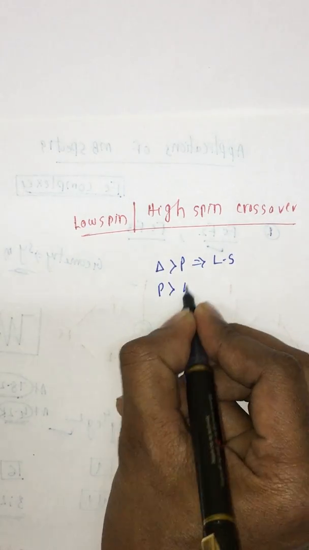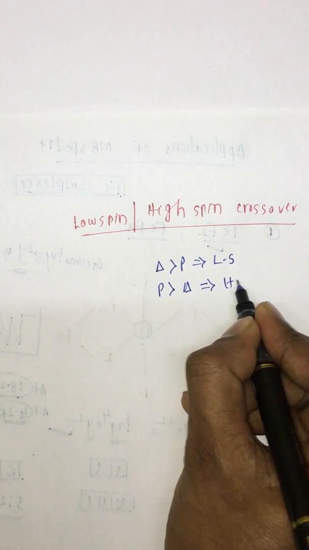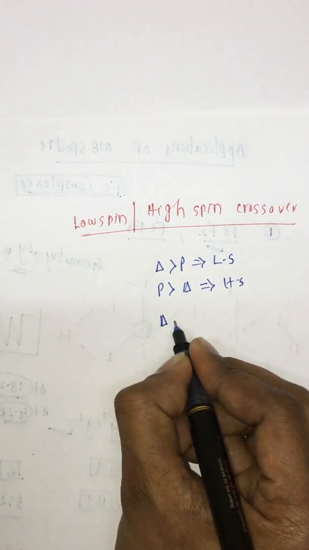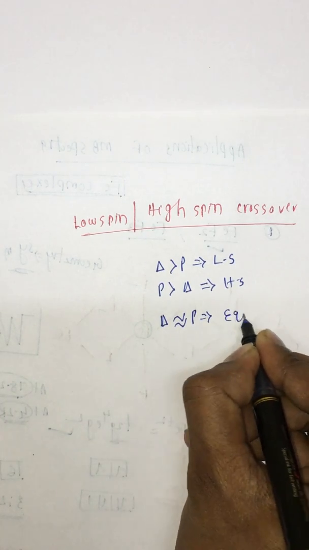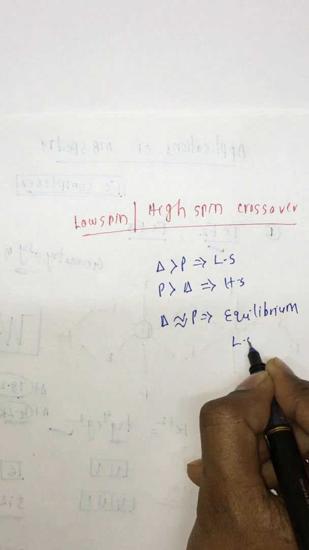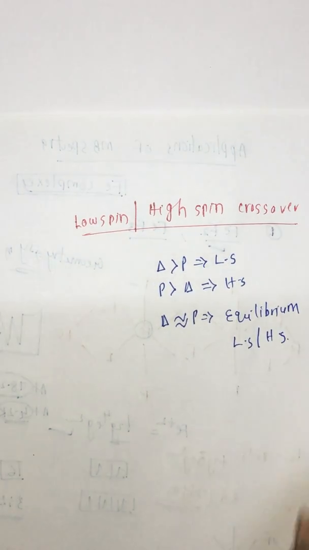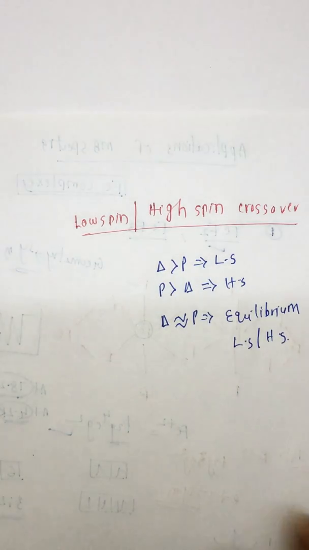When pairing energy P is greater than delta, that is high spin. When delta and P are almost equal, that is an equilibrium of low spin as well as high spin. Okay, so this concept we can explain by Mossbauer spectroscopy.